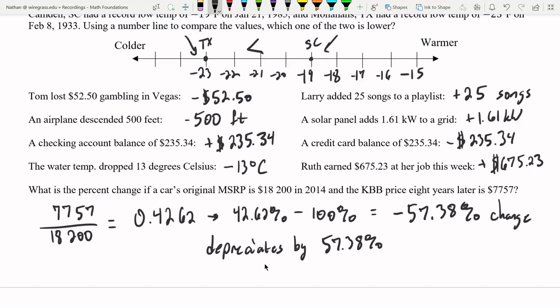So you can either think of it as a percent change, positive or negative. And to do that, you always just find this value, then subtract 100% from it. And that will give you either a positive or negative. That's your percent change. Or you can just think of it that we're decreasing in value. And so 57.38% was lost over just this period of time of 8 years.